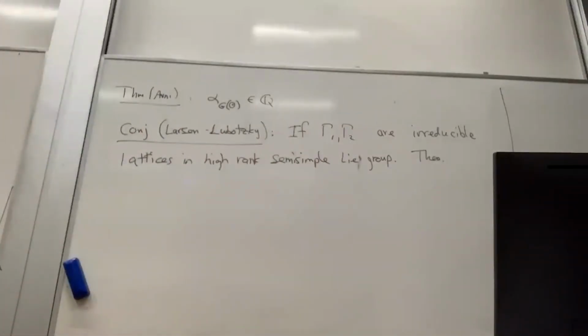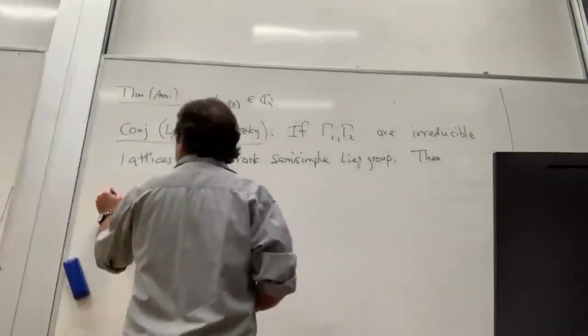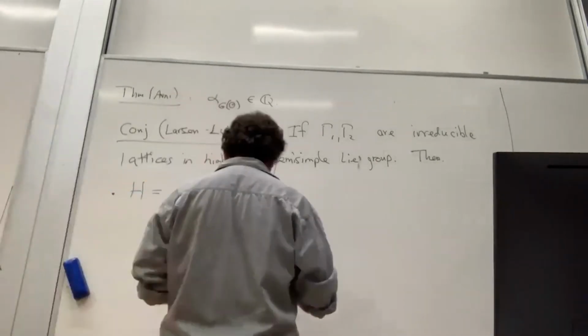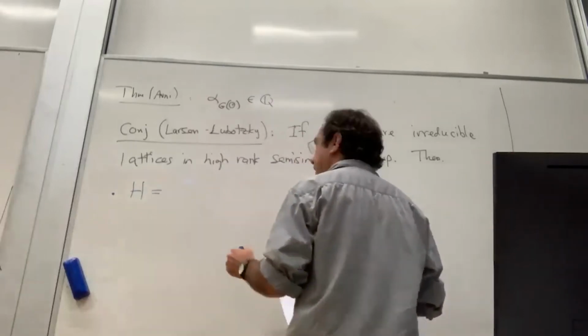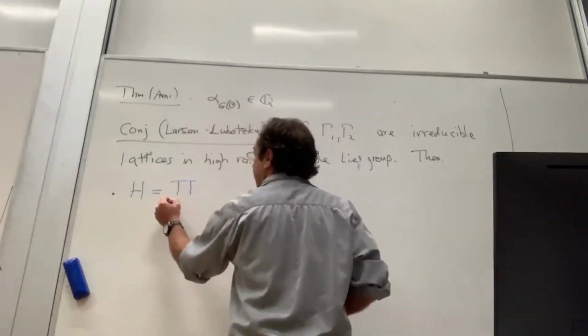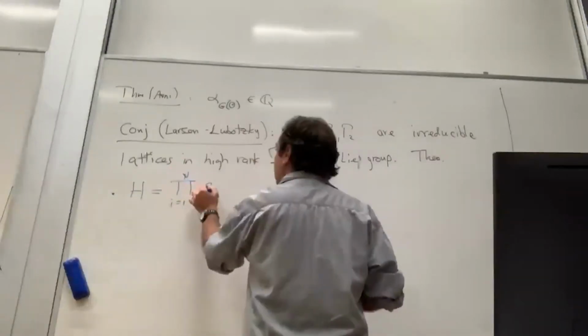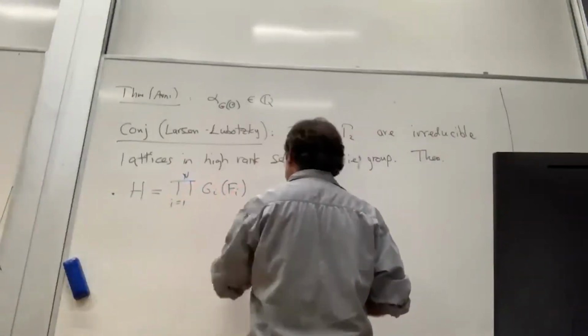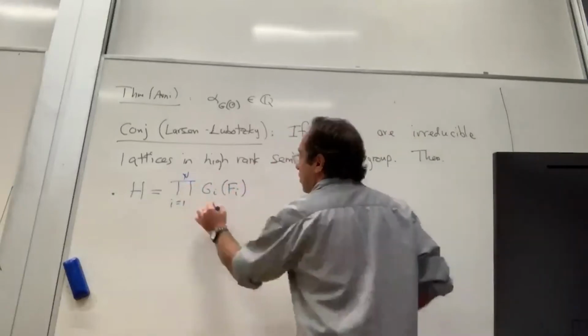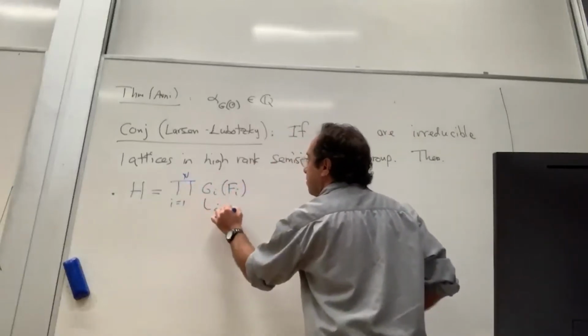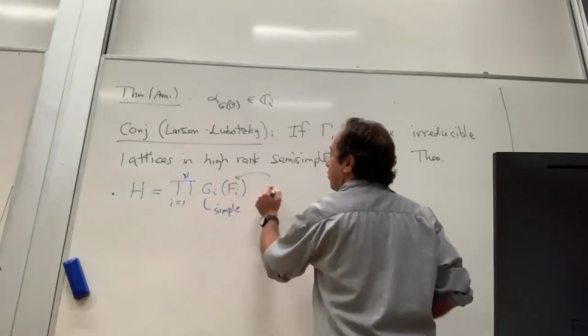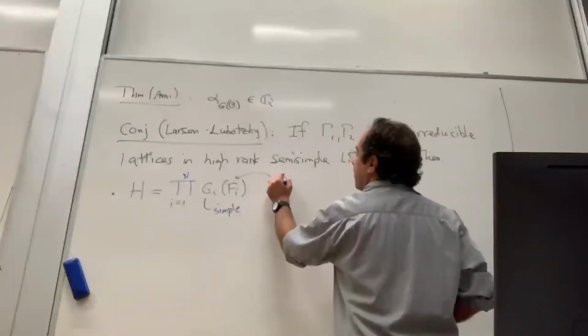So, a high rank semisimple Lie group. H is a high rank semisimple Lie group. It means that it's a product of finitely many groups which are simple over a local field F_i.